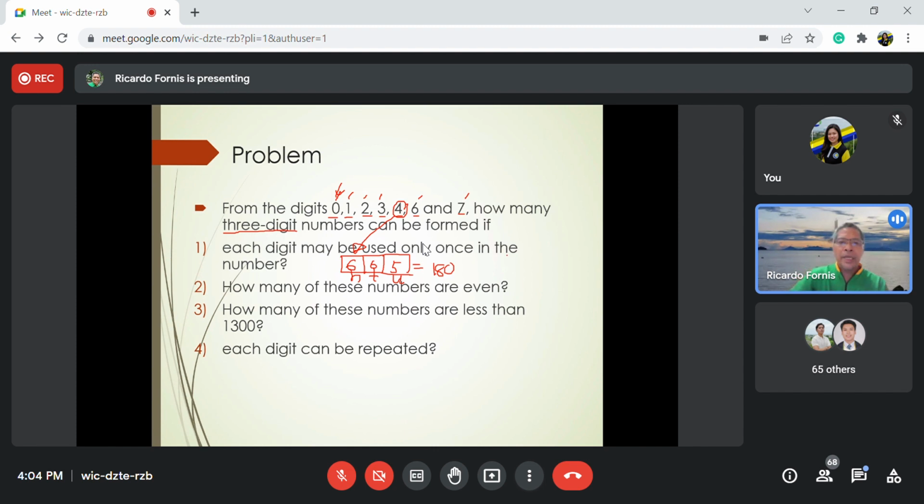So 180. Now, if you don't want to use the principle of counting, you can list down. First, 1, 2, 3. Next is 1, 2, 4. Next is 1, 2, 6. Then 1, 2, 7.